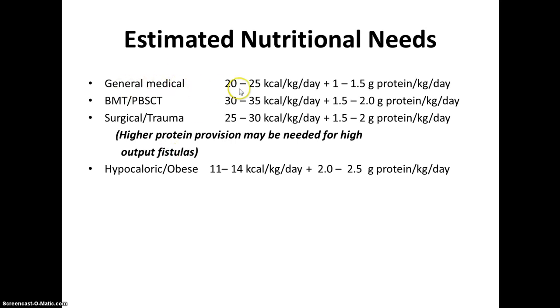So general medical patients have some numbers that we can use, for example, 20 to 25 kcals per kilogram per day. Bone marrow transplant, otherwise known as peripheral blood stem cell transplant, mostly with patients with leukemia and some other cancers, they need a little bit higher amount of calories based on their body weight. Surgery and trauma patients are kind of in the middle between those two.